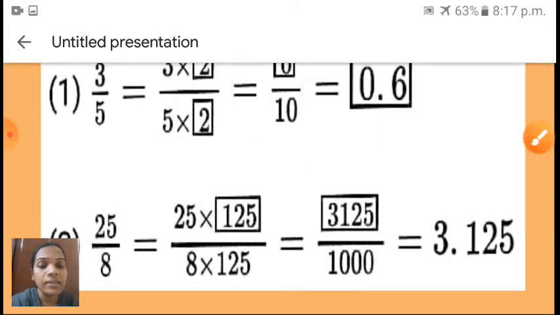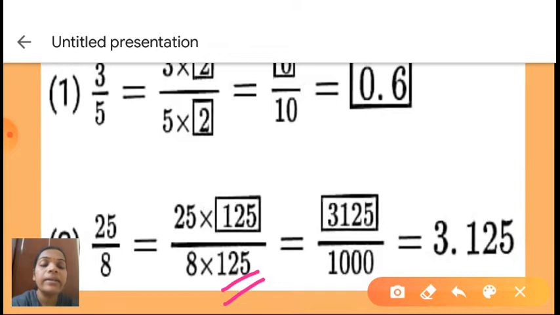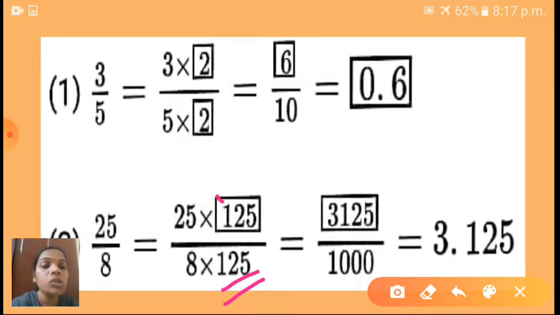Okay. The second question is 25 upon 8, and here children, 125 is already given. So what will come in this box, children? Very good, 125. If you multiply these two numbers, your answer will be 3125 upon, here already given, 1000.